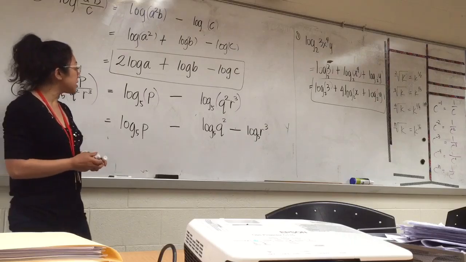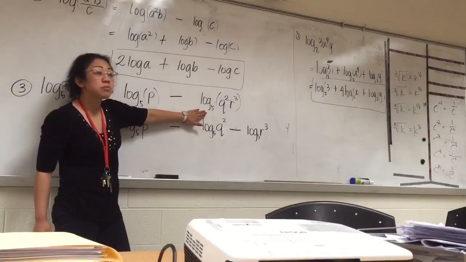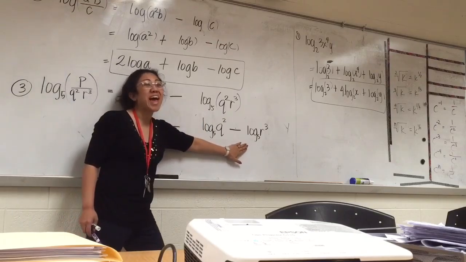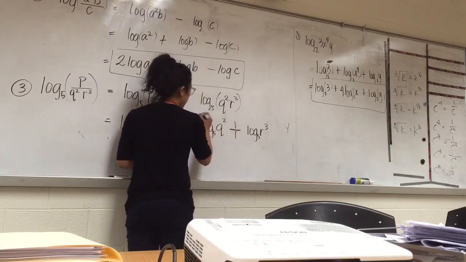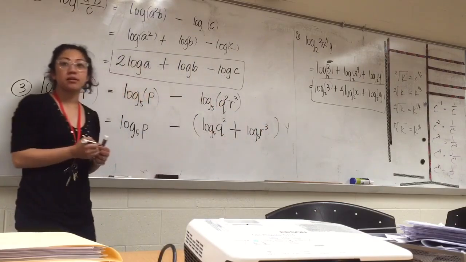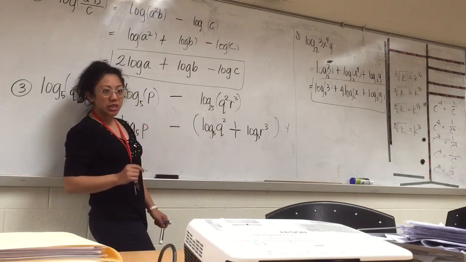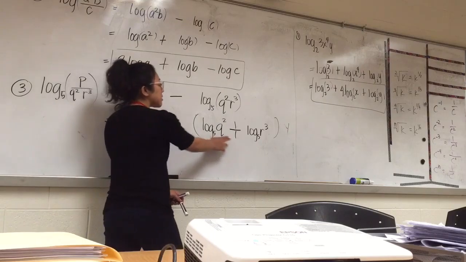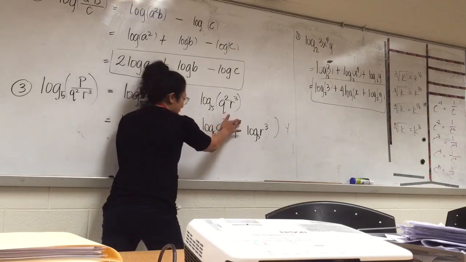We're saying subtract this entire logarithm, and this logarithm equals these two added. So I'm subtracting this, which is the same thing as subtracting each of them individually: subtract this guy, and then subtract that guy.